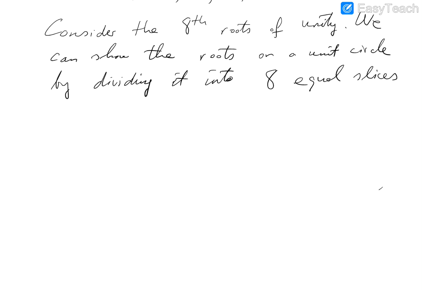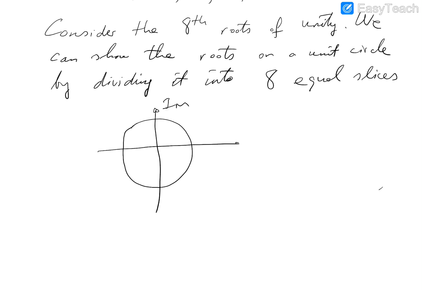So then we may denote the 8 roots of unity on a unit circle as follows. Suppose that this is our imaginary axis and this is our real axis. So this is a unit circle.